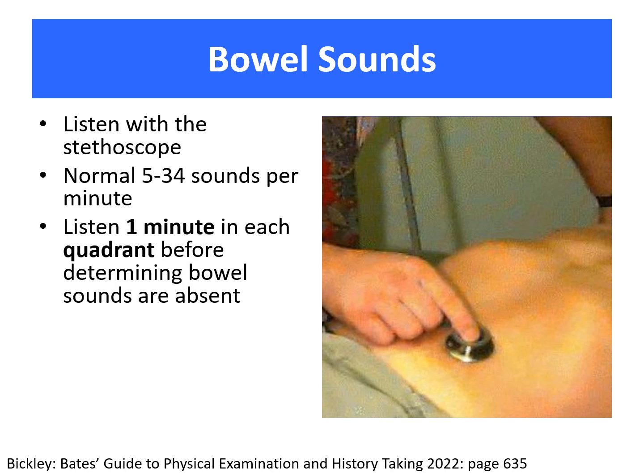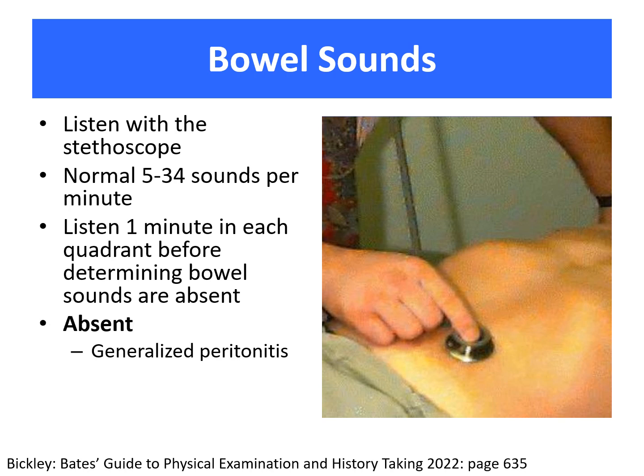You're going to listen 1 minute in each of the 4 quadrants before you say bowel sounds are absent in each quadrant. So listen carefully over a 4-minute period before you say bowel sounds are not present. Absent bowel sounds are indicative of generalized peritonitis. Hyperactive bowel sounds are indicative of intestinal obstruction.